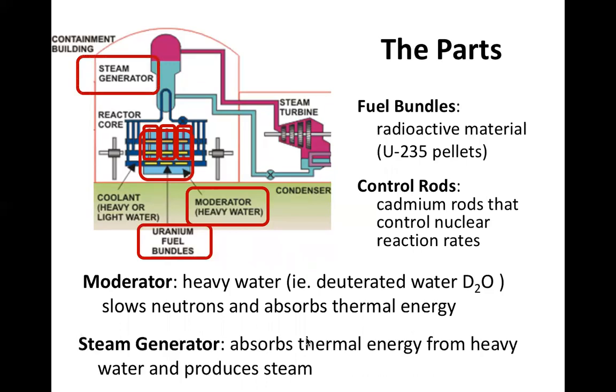And then the steam generator at the top here absorbs thermal energy from heavy water and produces steam. So the nuclear reaction happens here, and then some energy is absorbed by the moderator to help control, and then the products are cycled around this loop, and this pipe is connected to a reservoir of regular water.